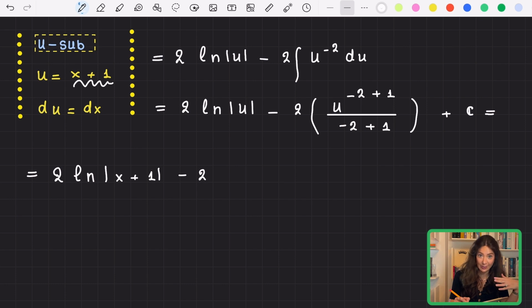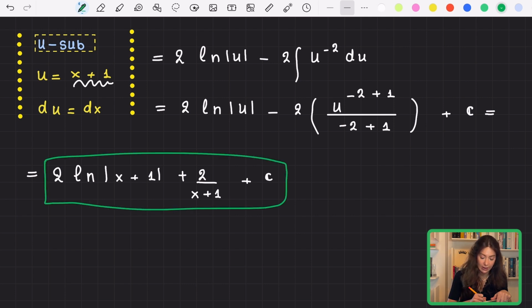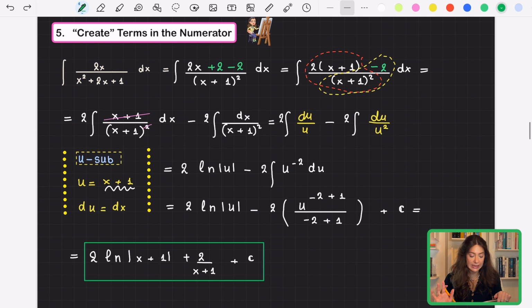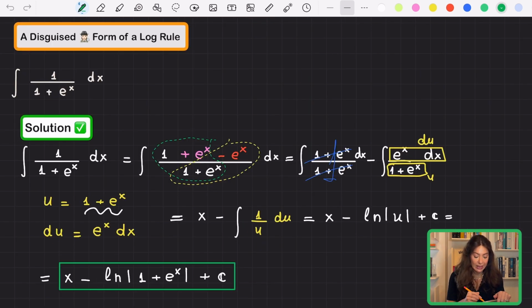It wants to go to the basement, so it has a better attitude, so I'm going to put it there. And it's divided by negative 1. So this will turn positive, and u goes in the basement, and instead of u, I have x plus 1, right? So that you go back and back substitute. This is the final answer. That was trick number 5, create terms. And as I told you, in this case, this integral would not get solved.